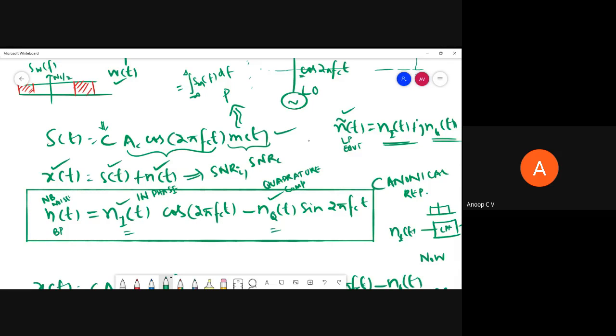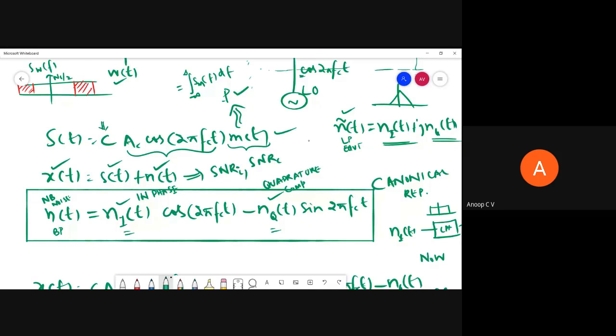That is, if you integrate the power spectral density of M of t, you will get the average power. We are assuming it is already known. We are assuming the message power is equal to P. This is some arbitrary message which we have considered, which has a spectrum like this. We'll assume this has a power equal to P.